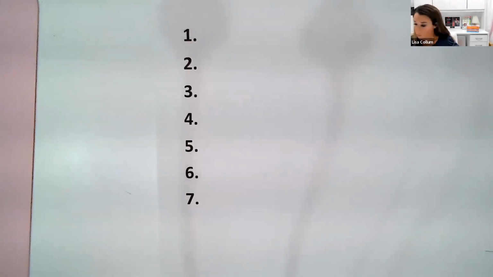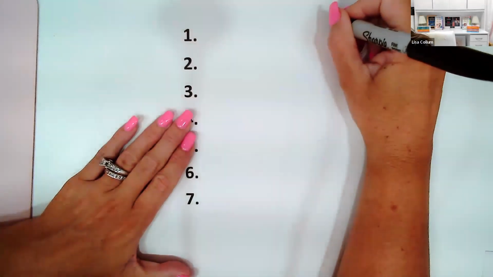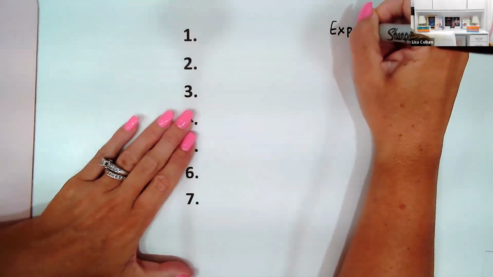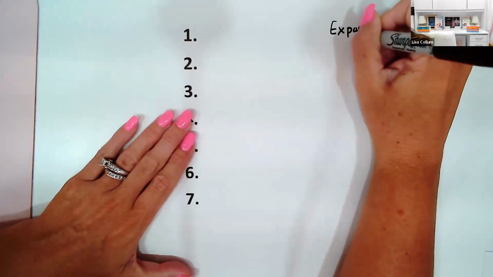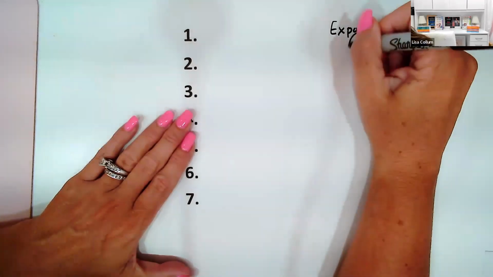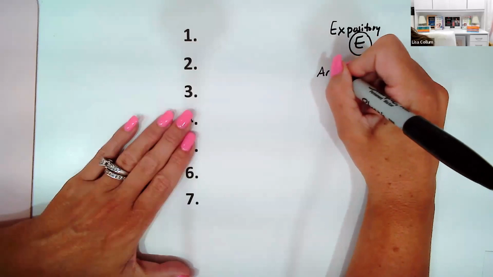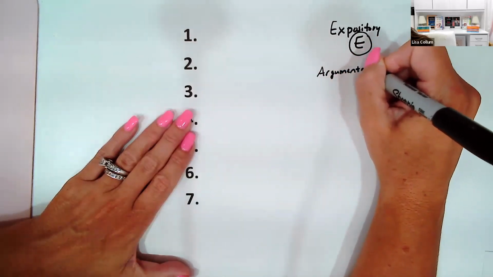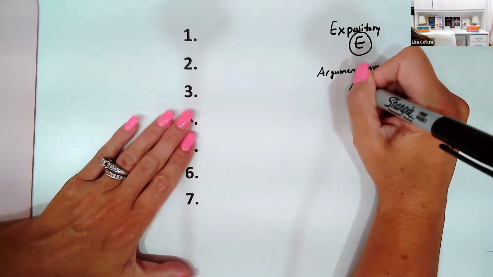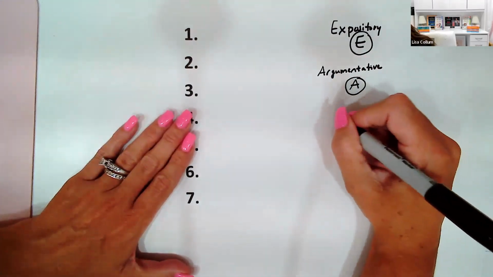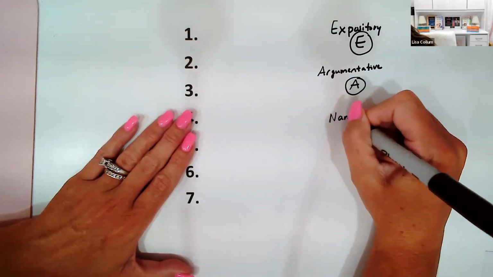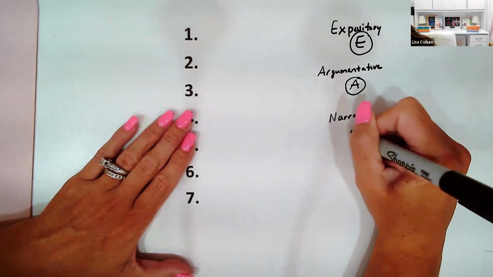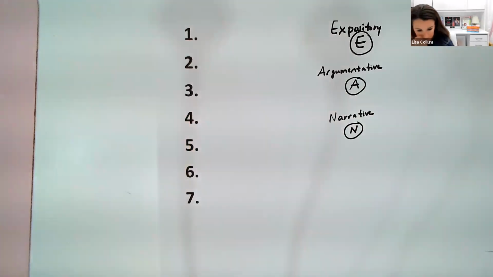Okay, all we're going to do is, if it's an expository prompt, you're going to put an E next to the number. If it's an argumentative prompt, you're going to put an A next to the number. If it's a narrative prompt, you're going to put an N next to the number. Okay, and then we're going to check it.